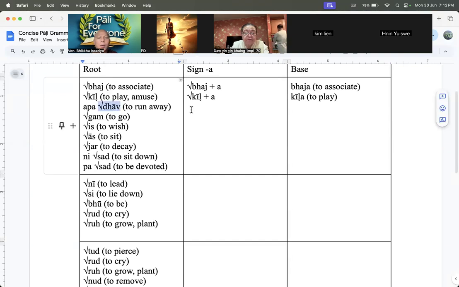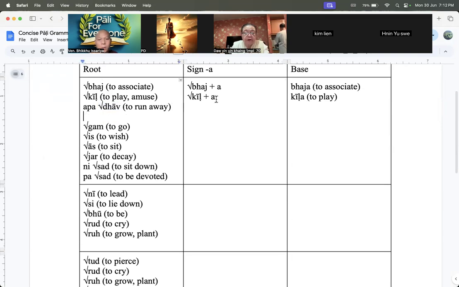So root dhav, for example, root dhav plus a. As a base form, dhava means to run.